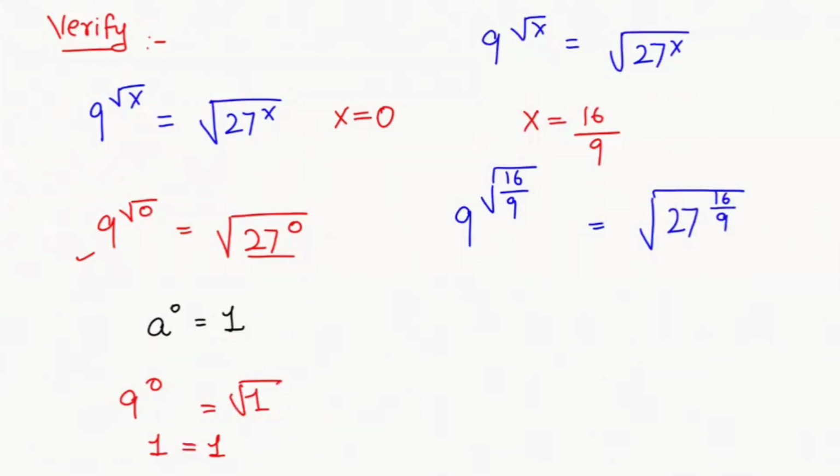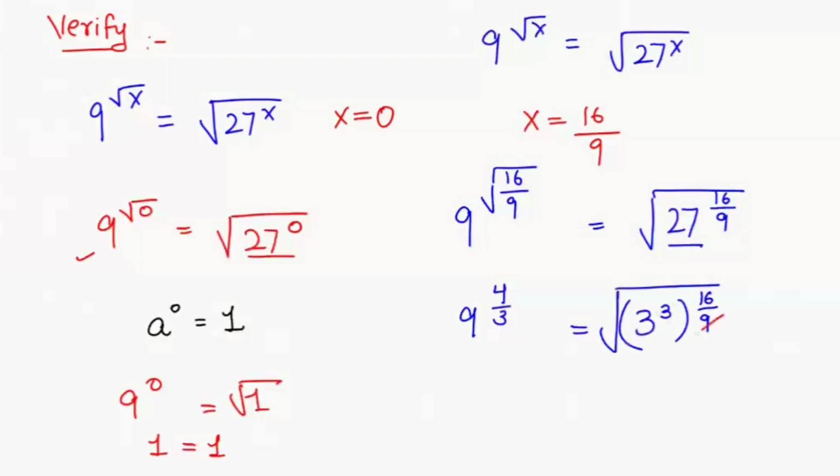Now here I am going to simplify it further. Here I will write 9 to the power, and the root of 16 we have, that is 4, and root of 9 we have, that is 3, is equal to, this I will write in the form of power, 3 to the power of 3, and this is under root, and whole to the power of 16 over 9.